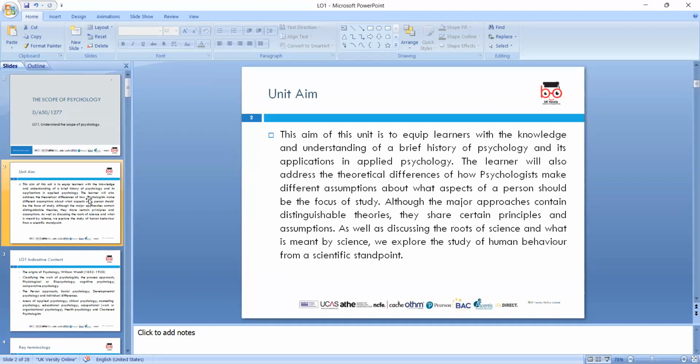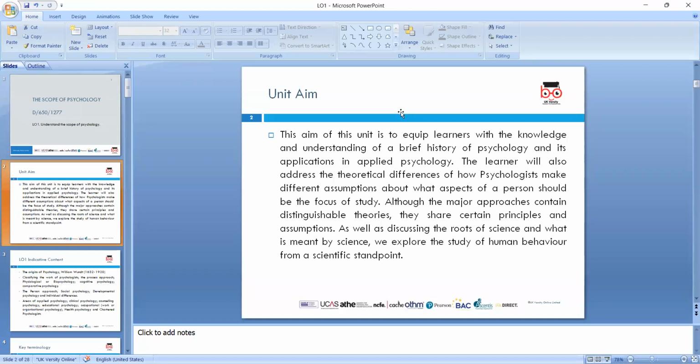So in this unit, what is the aim of this unit? The aim of this unit is to equip learners with the knowledge and understanding of a brief history of psychology and its applications in applied psychology. The learner will also address the theoretical differences of how psychologists make different assumptions about what aspects of a person should be the focus of study.